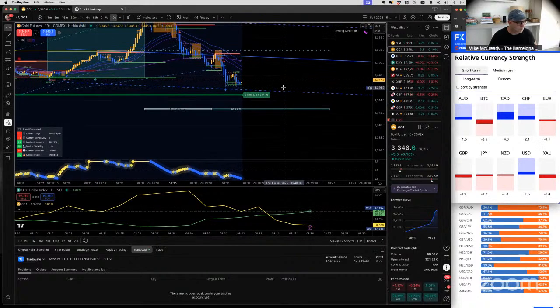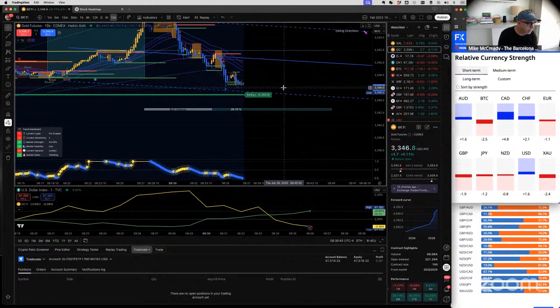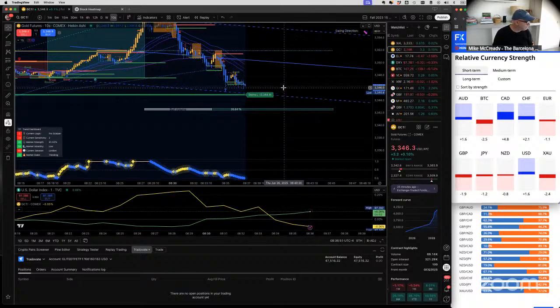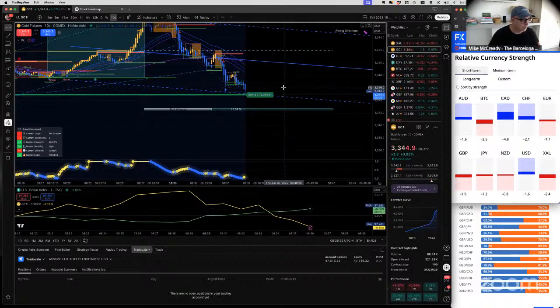Okay. This is some elite level trading here we got going on. Took a loss, significant loss. Managed my emotions, did not revenge trade.